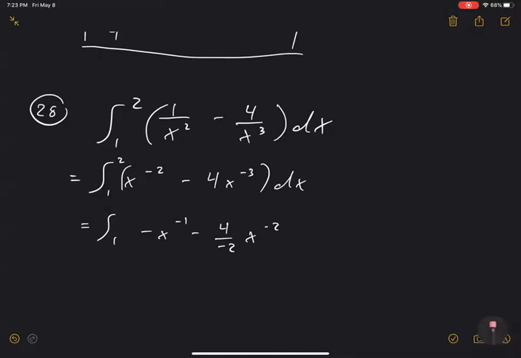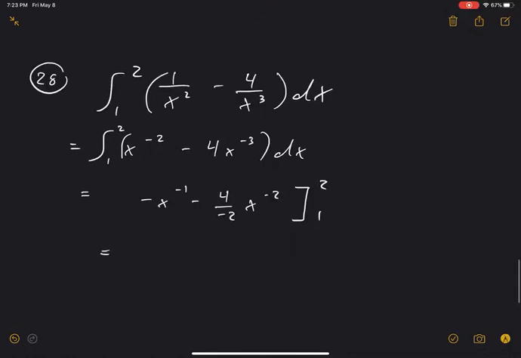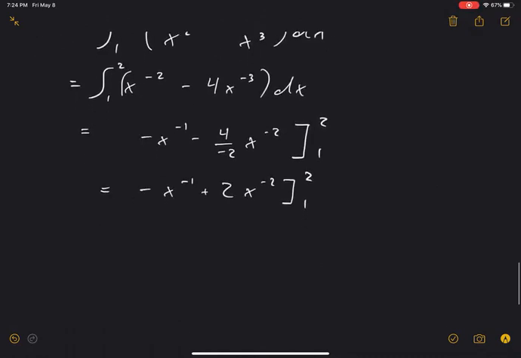Oh, and there shouldn't be an integral sign there. I need my bounds. Let's go ahead and simplify this. Now let's evaluate at our bounds.